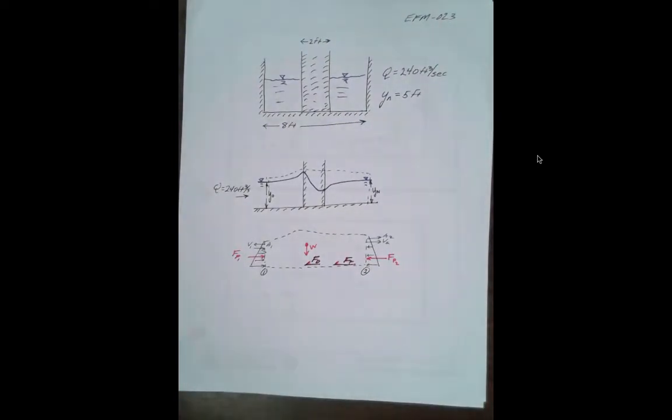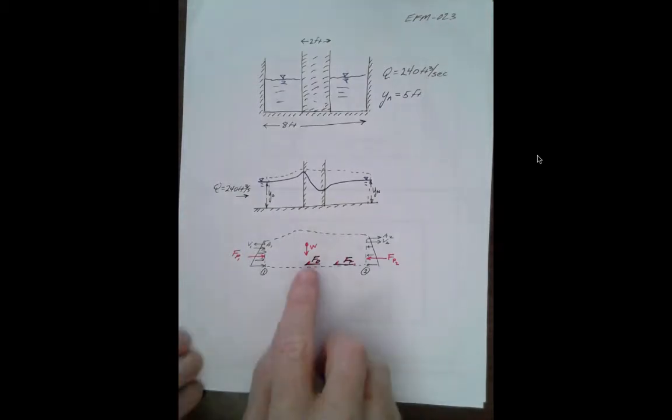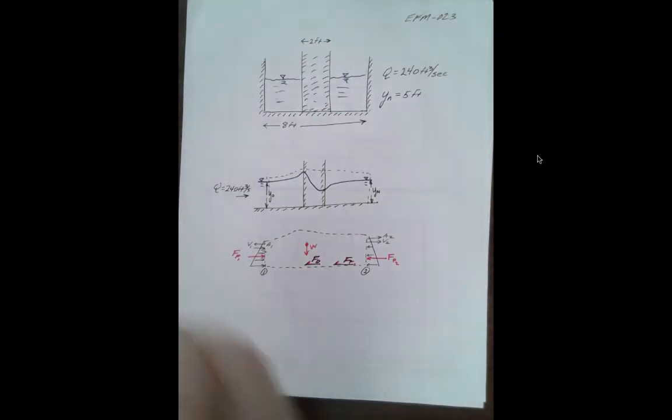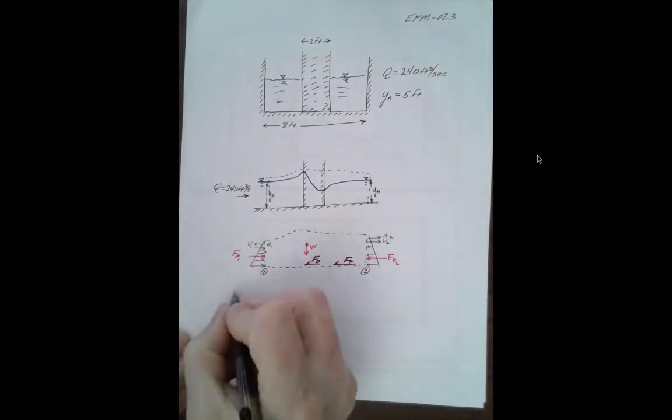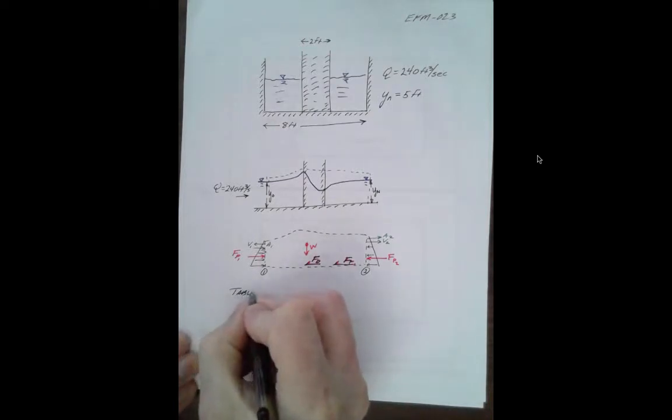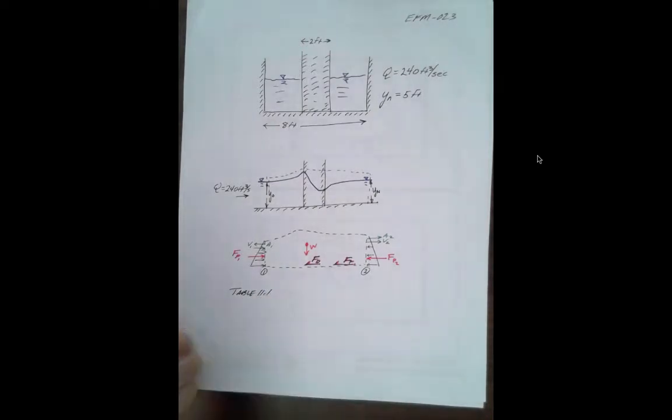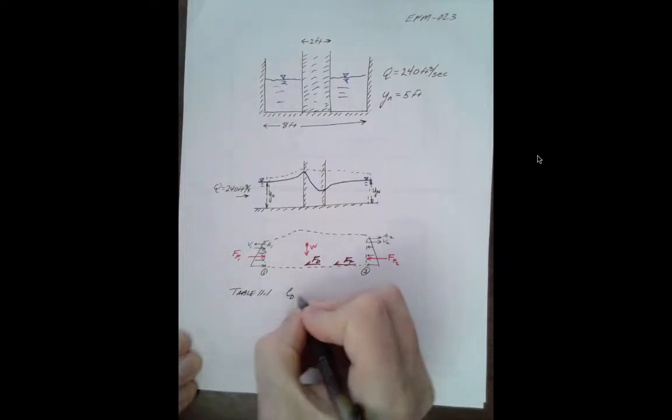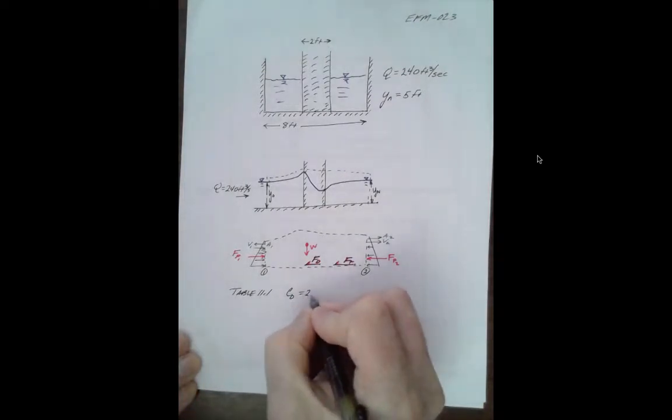Now, let's see how we can proceed with that. If we use table 11.1, we can look up a drag coefficient for a cylinder is 2.0.